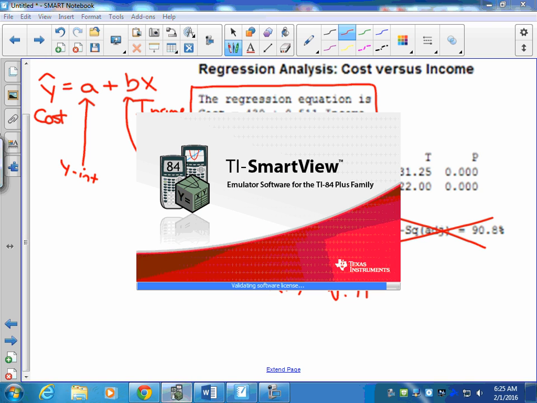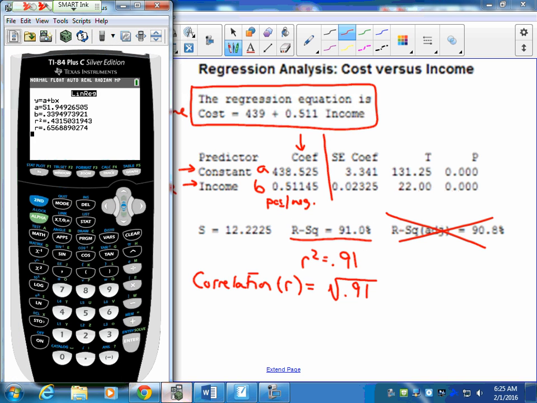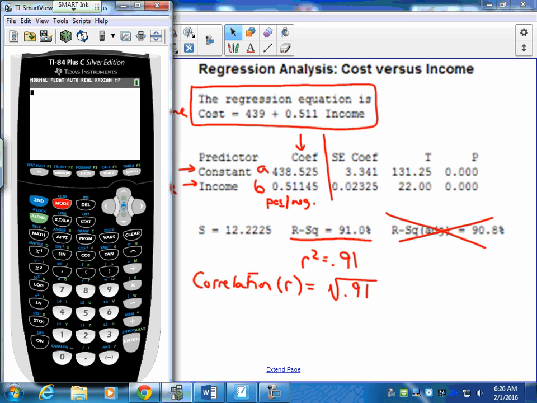We do that quick calculation in just a second as the calculator warms up for us. But the other piece, while this is getting ready, that you will want to consider is what is the sign on the correlation? So we've got the square root of 0.91.